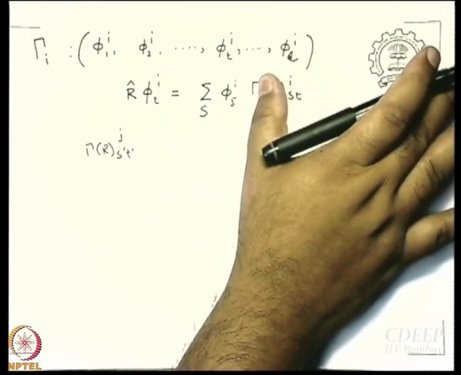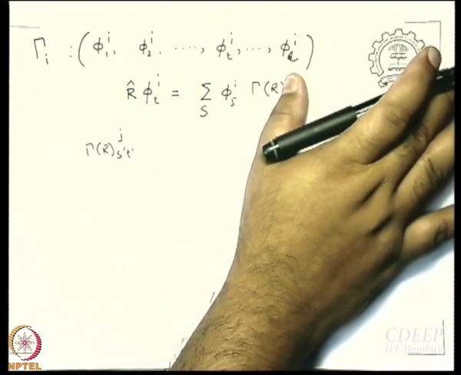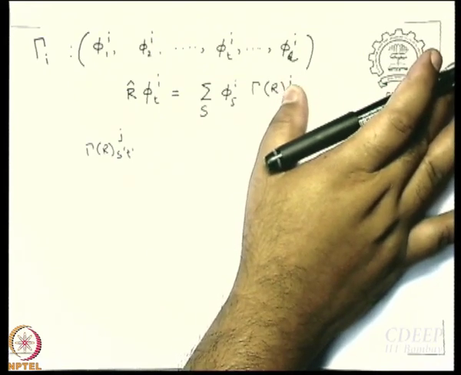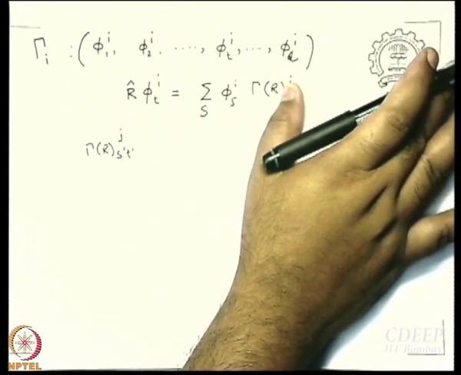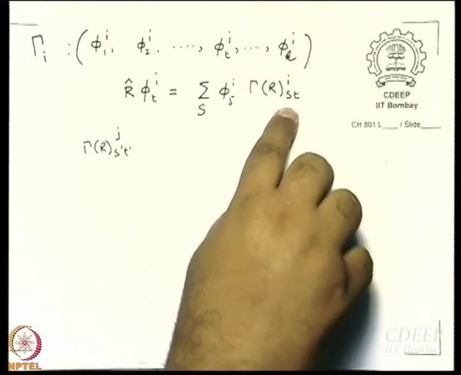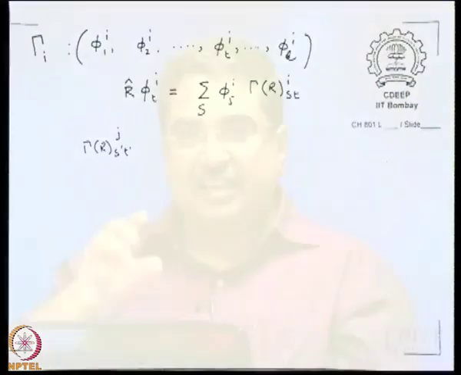If I write nothing else, gamma is the irreducible representation. But if I write gamma of R, right? Okay, let me write it like this: gamma of R with superscript I. That is the transformation matrix corresponding to R in the ith irreducible representation. And then when I write ST as a subscript, it means the ST element of that transformation matrix.